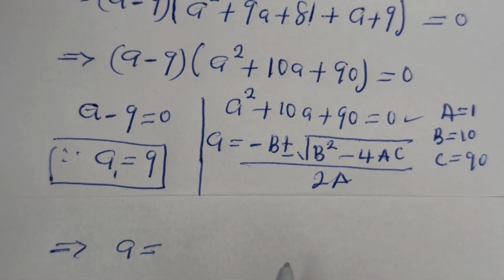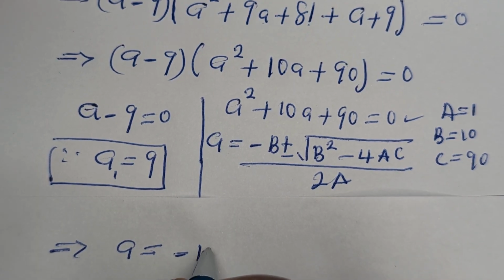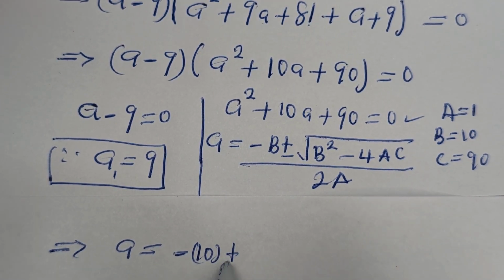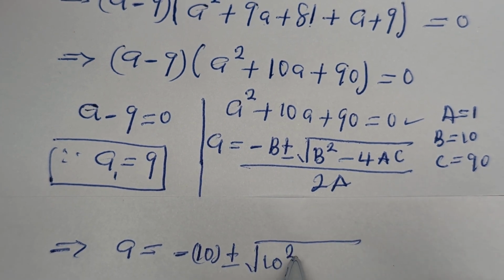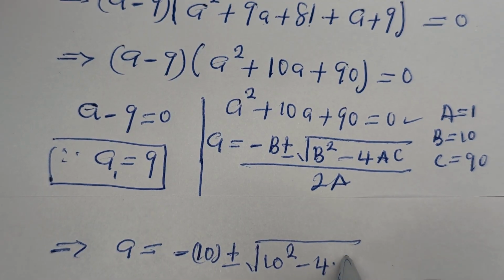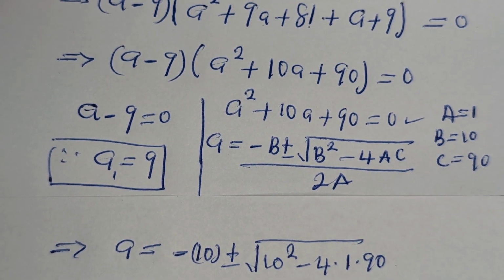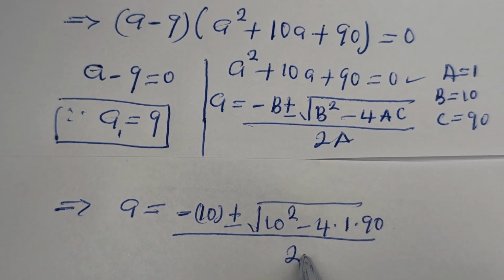A is equal to minus 10 plus or minus square root of 10 square minus 4 multiplied by 1 multiplied by 90, then everything over 2 multiplied by 1.